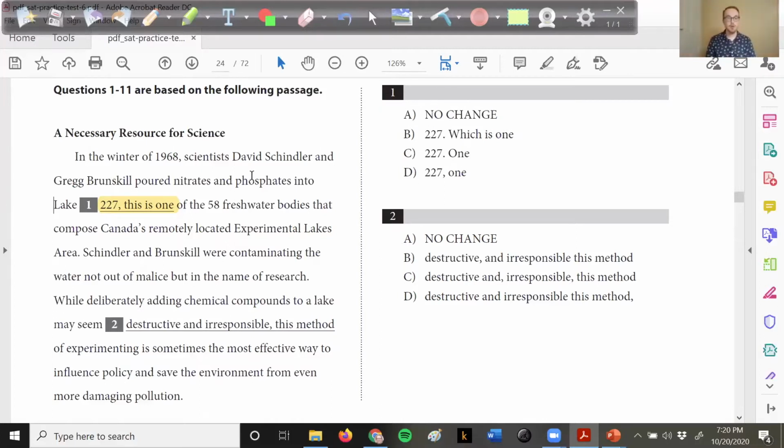So number 1 is no change, i.e. this is perfect. I don't need to touch it. One has a period and a space starting a new sentence, one has another period and a space starting a new sentence, and one has a comma, but it takes out the words "this is" and just has comma space 1. Okay, so what I'm probably being tested on here is punctuation for 1, because it's periods versus commas, and also whether I know when a sentence is complete.